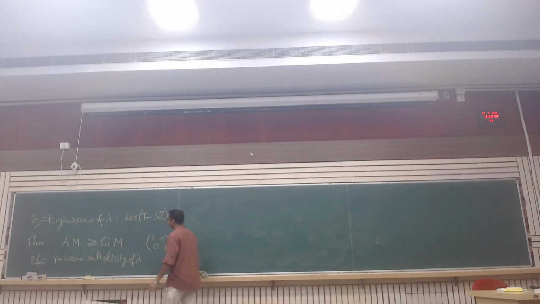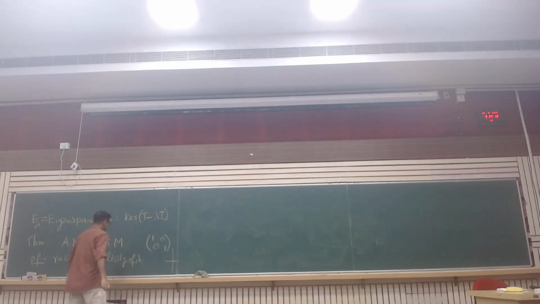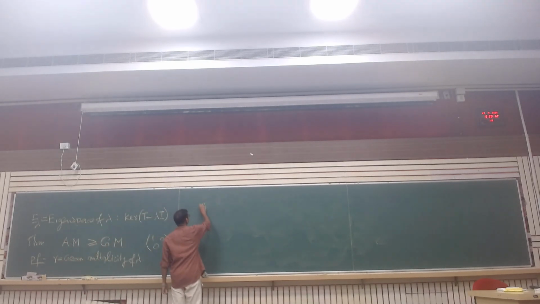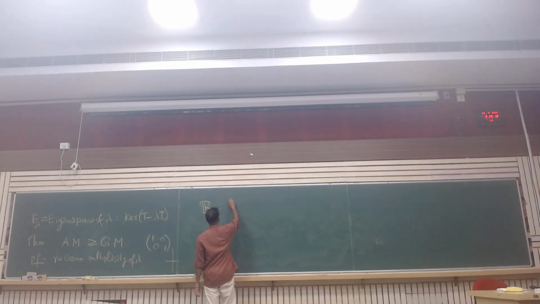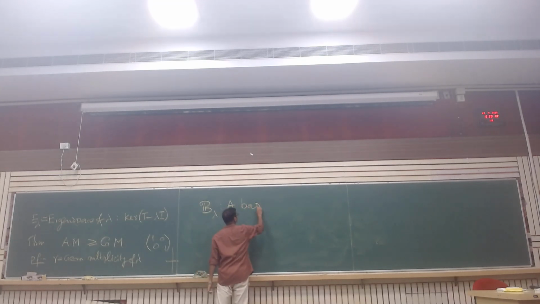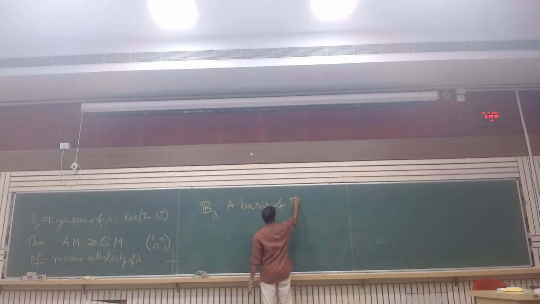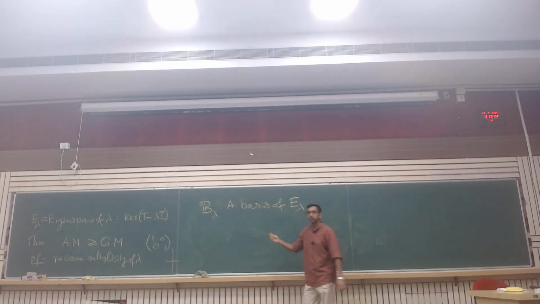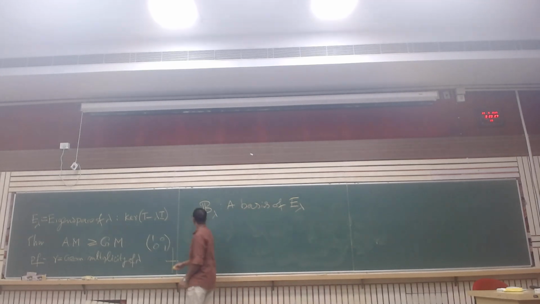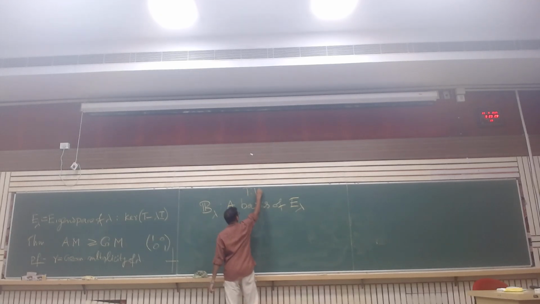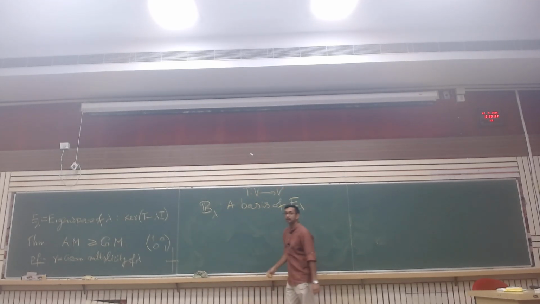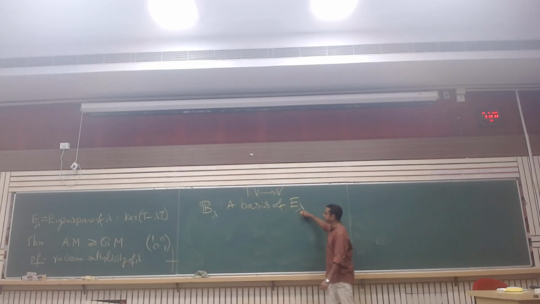So R, suppose it is the geometric multiplicity of lambda, and B lambda, suppose it's a basis of E lambda, the eigenspace of lambda, okay? What are we going to do? Recall T was a linear operator from V to V, right? So now we have a basis of one of its subspaces. We're going to extend it to the full basis.